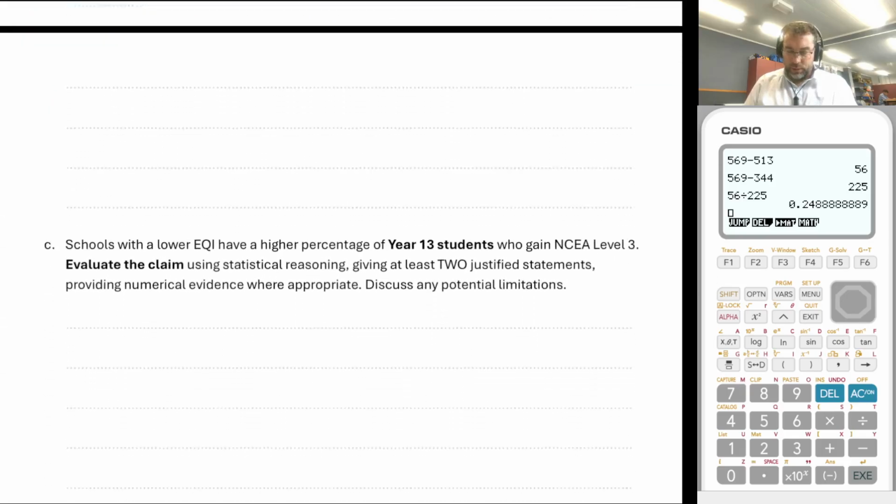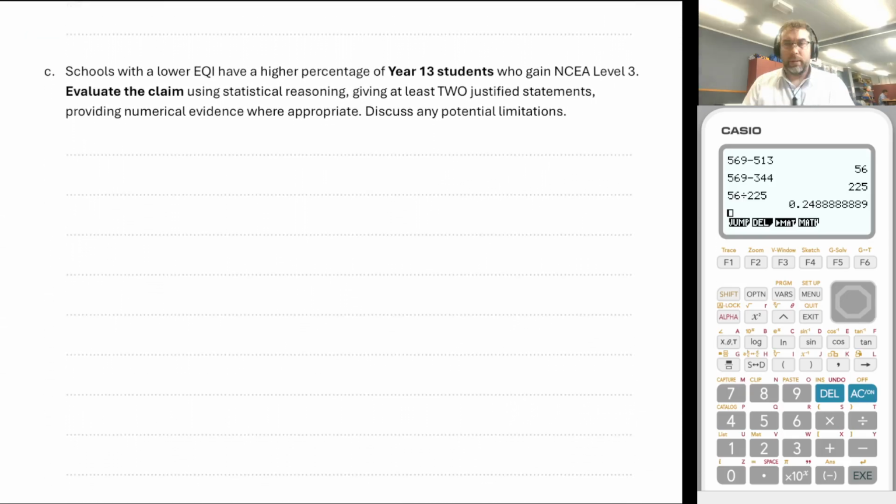So moving on to the next question. This is a claim that Year 13 students with lower EQI have a higher percentage who gain NCEA. It doesn't in this particular question distinguish between state integrated schools and private schools. So we need to make sure we include a statement about that in here.